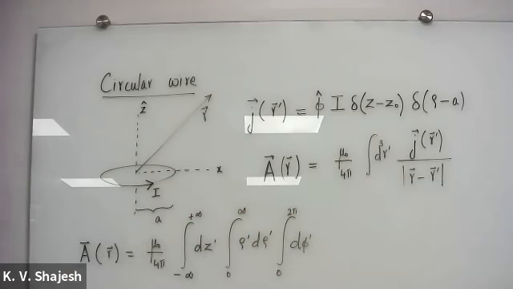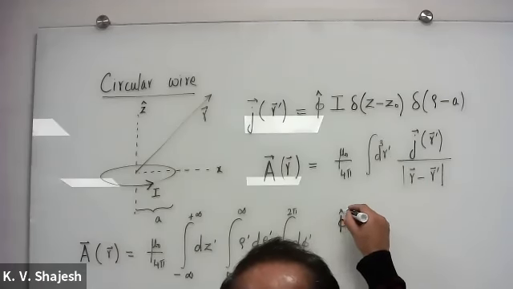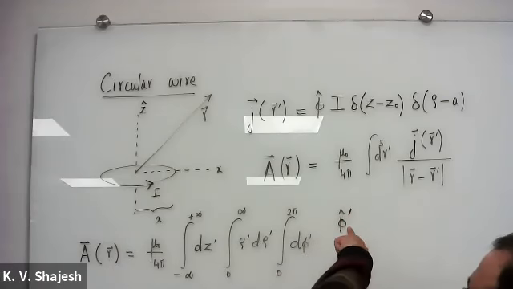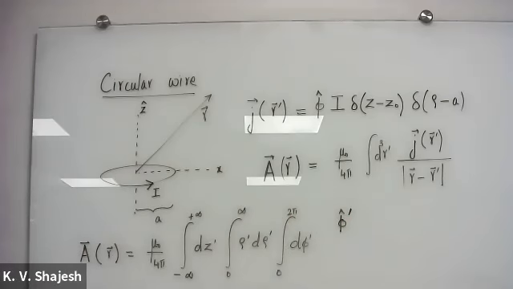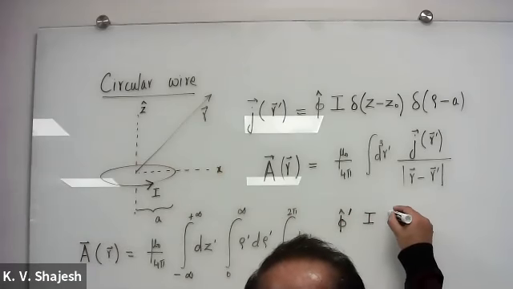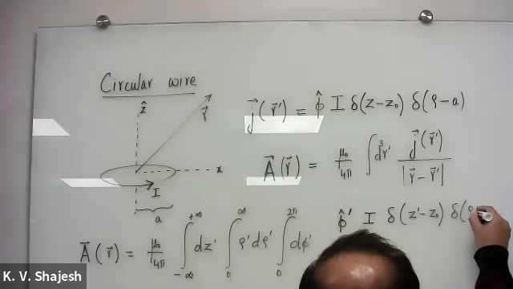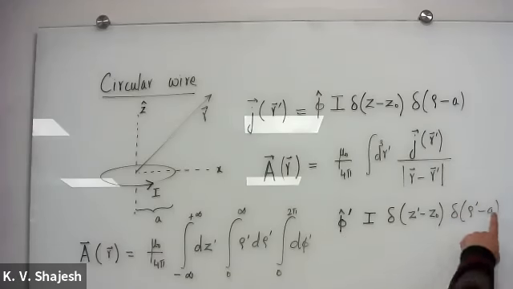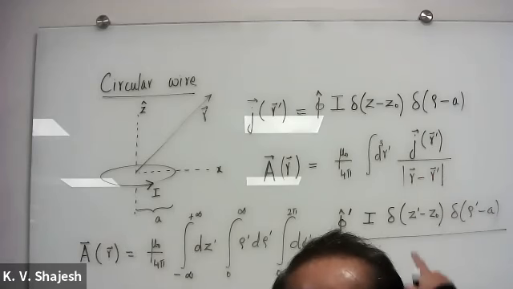That's your three integrals in d cubed r prime. And J is phi hat, but now I have to write phi prime hat. This is the tangent to all the points on the loop of wire, since it's a source, prime means source. Times current I, then delta of z prime minus z naught, and delta of rho prime minus a. Notice all are primed quantities because the current is evaluated at the primed position, those are sources. And divided by r minus r prime.